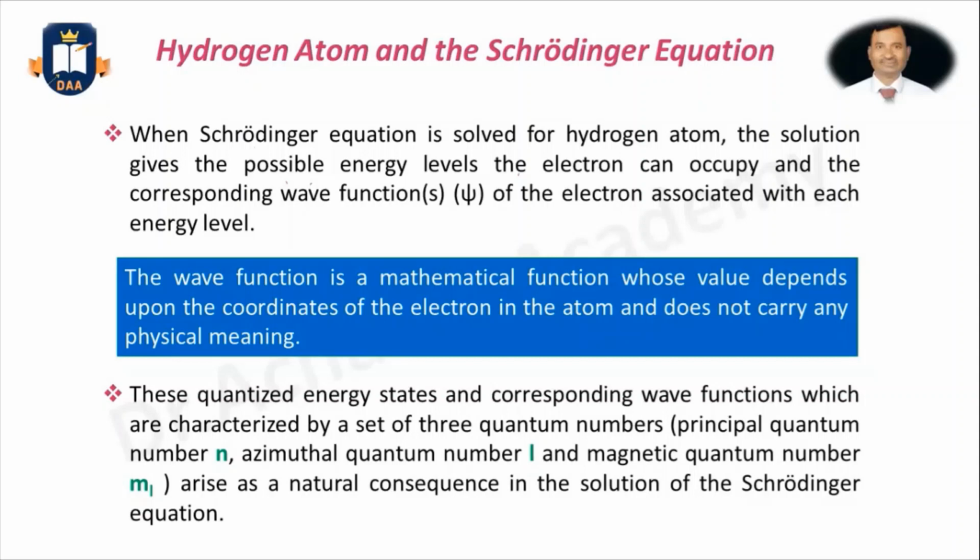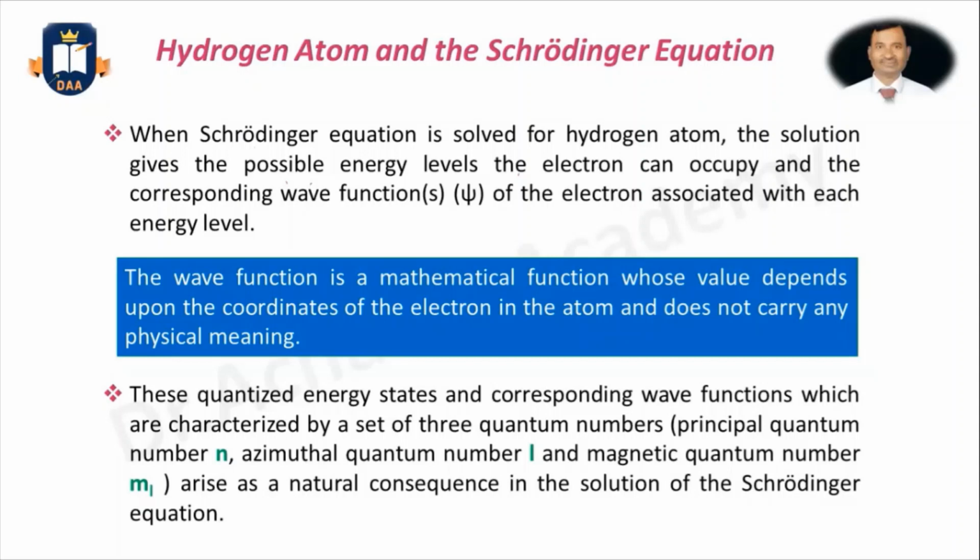We have to remember these 3 quantum numbers: the principal quantum number, denoted by small letter n; the azimuthal quantum number, denoted by small letter l; and the magnetic quantum number, denoted by small letter m subscript l. This set of 3 quantum numbers arises as a natural consequence in the solution of the Schrödinger equation.